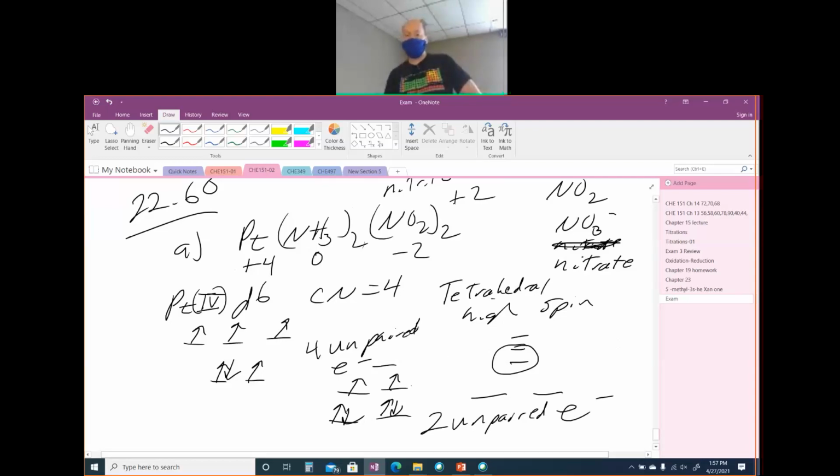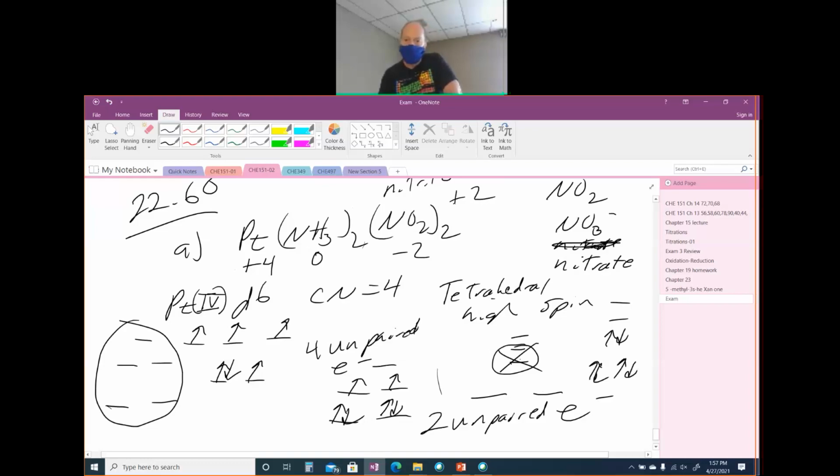So they should not be showing it this way if they're going to ask a question like that, because if they're going to show it this way, you're going to have low spin here, and you're going to have unpaired electrons 0, unpaired electrons 4, and they say it's 2. So we're going to stick with our square planar looking like this, not 2 on the bottom and then 3 going up.